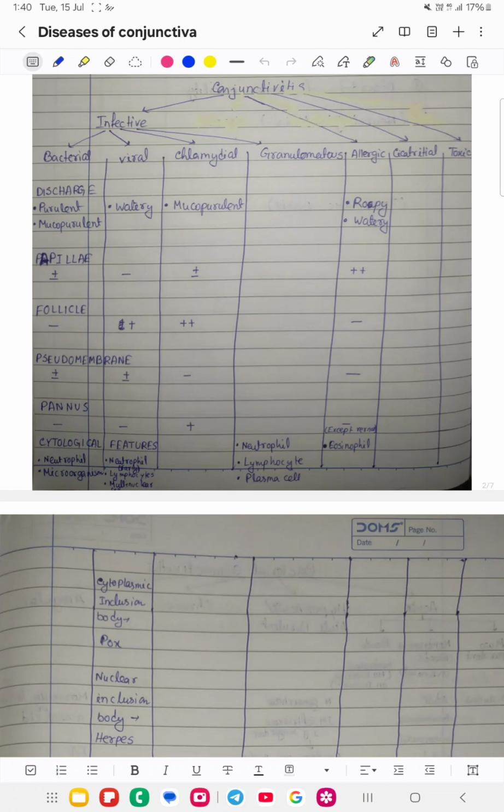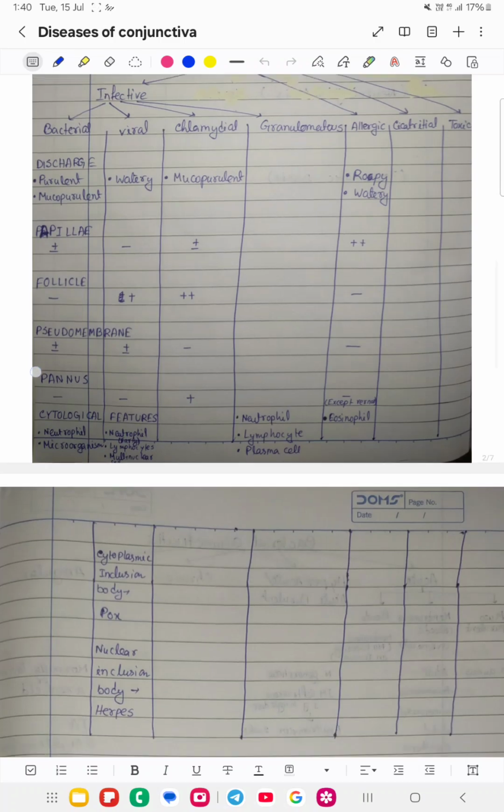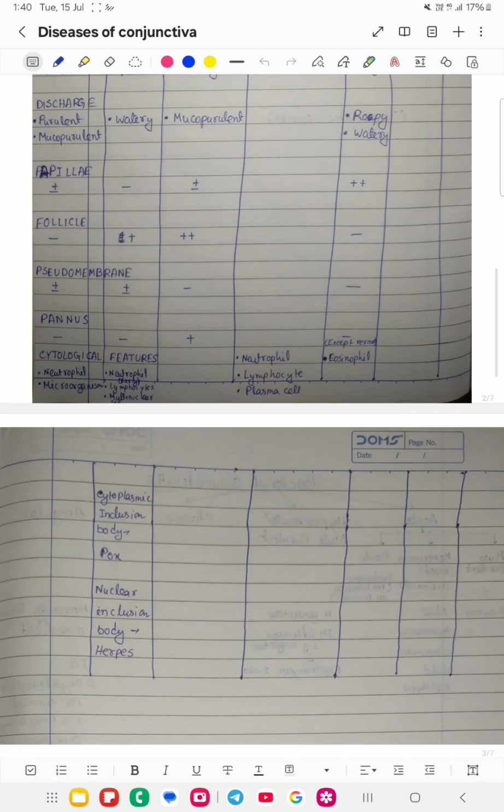Now, cytological features. In bacterial conjunctivitis, neutrophils and microorganisms are demonstrated. In case of viral conjunctivitis, in the early stage neutrophils must be present, and in the late phase lymphocytes and multinucleated cells should be present.